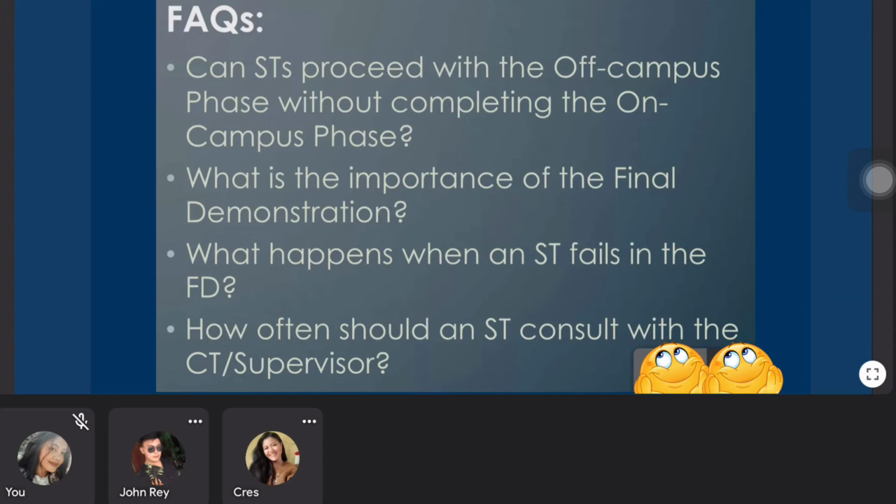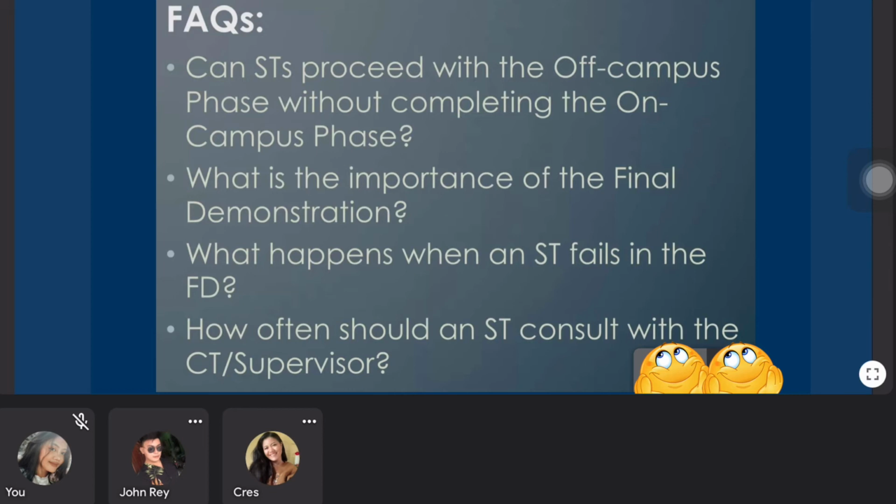So, let's proceed to the FAQs, or frequently asked questions. First, can STs proceed with the off-campus phase without completing the on-campus phase? Actually, no, because we need to finish the given 60 hours on-campus.